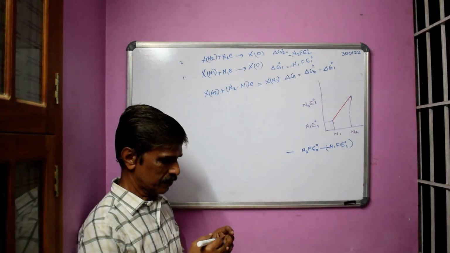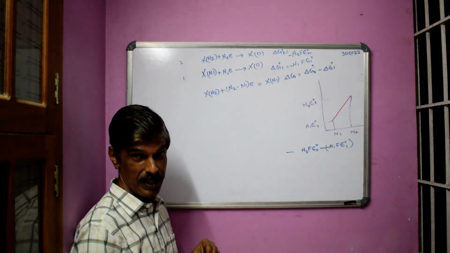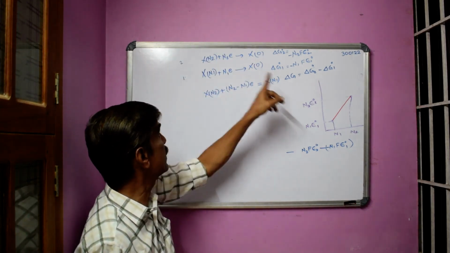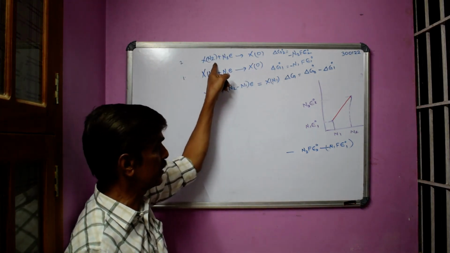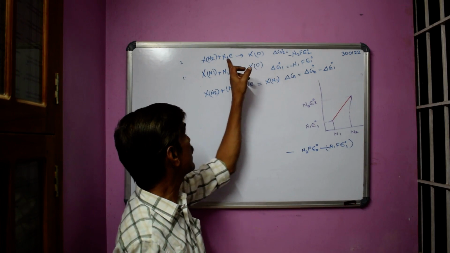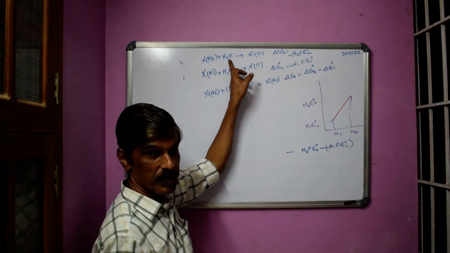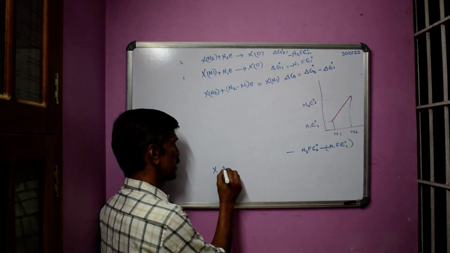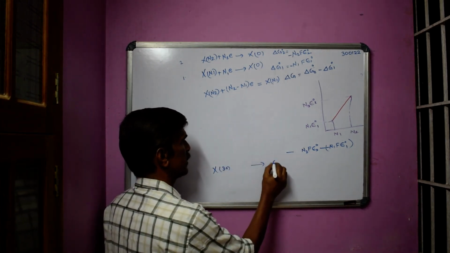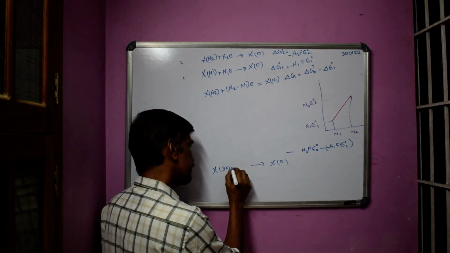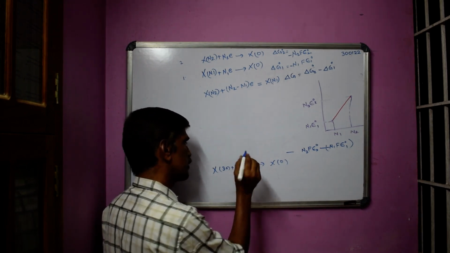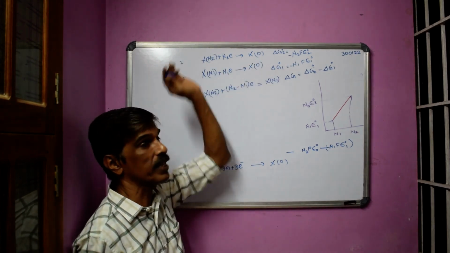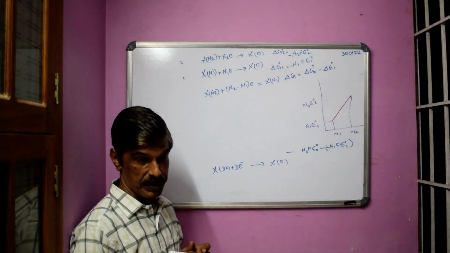This is representing x in the N2 oxidation state plus N2 electrons going to the metal x in the 0 state. For example, x in the 3 plus state combines with 3 electrons and the element goes to the 0 state, isn't it?